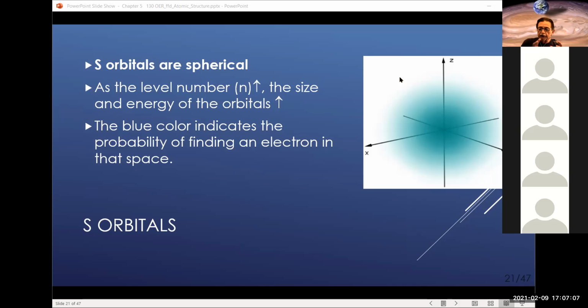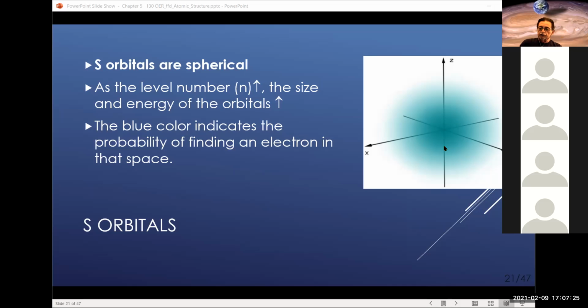Obviously, the darker area means the probability is higher. The thinner area, probability is lower. So it could be possible, we don't know for sure, that there may be sub-levels within that level where the electron is occupied.